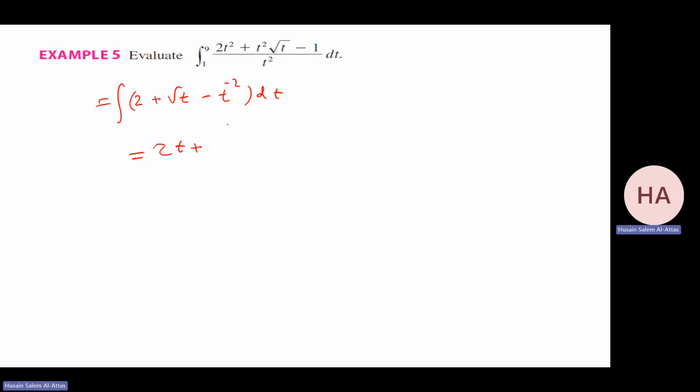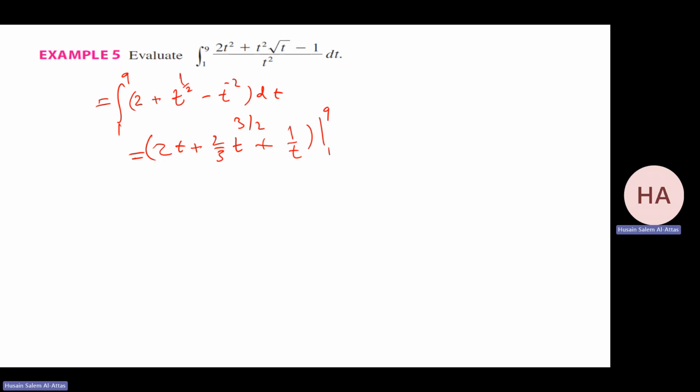This is t is half, you add 1. This is t to the power half. Make it t to the power half, easier. So that is 2 over 3, t to the power 3 over 2, this one plus 1 over t, from 1 to 9.